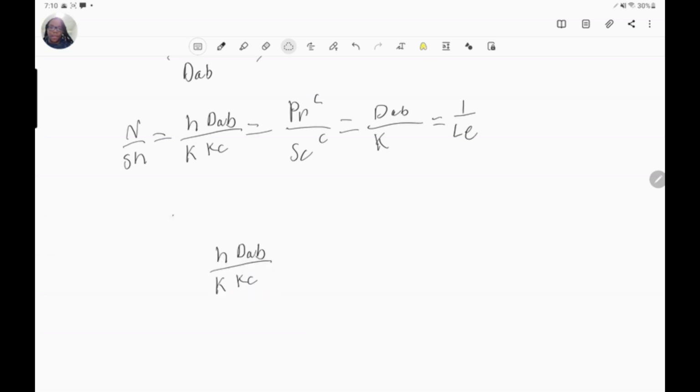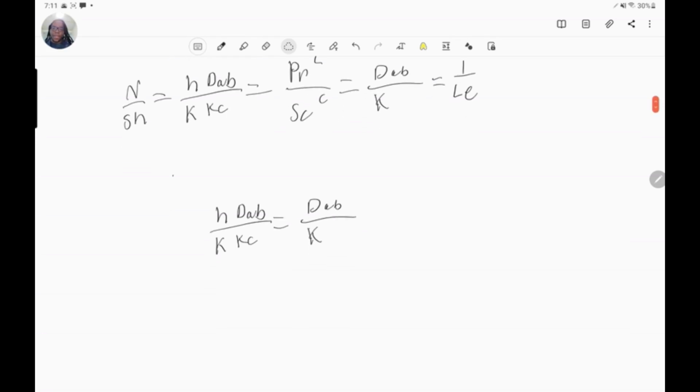Since these are all equal to the Lewis number here, we can set these equal, and that is equal to this. So what are we going to do from here? We're going to see if we can cancel some things out.